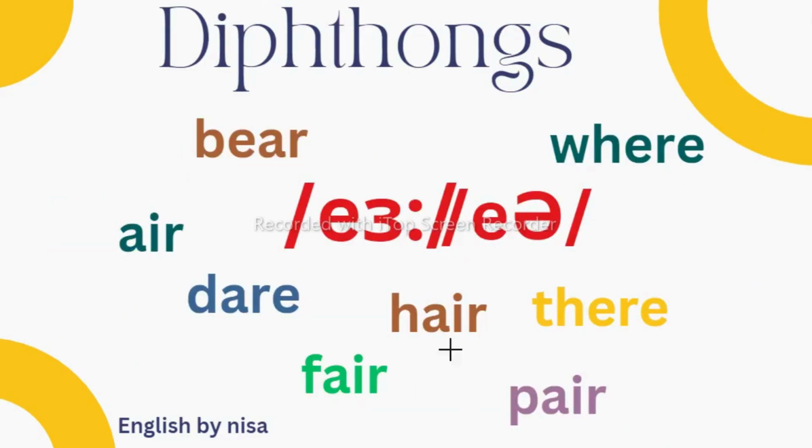See another diphthong. Here you can get this symbol or this phonemic transcription, both are the same. What sound does it produce? It produces a sound like air, like in there, pair, hair, fair. We are not concerned about the spelling but the pronunciation. We are concerned about the sound here. So wherever you are getting an air sound, that is this symbol, like in bear, where, and dare.